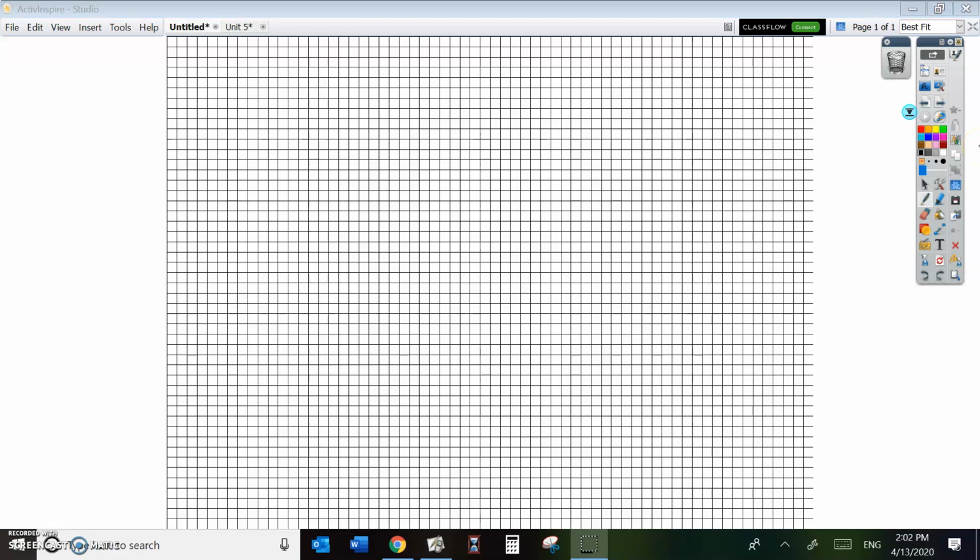The first rectangle had a base of 19 and a height of 1. So it was very long and not high at all. I don't know if that's 19. 1, 2, 3, 4, 5, 6, 7, 8, 9, 10, 11, 12, 13, 14, 15, 16, 17, 18, 19. So this is rectangle number 1.